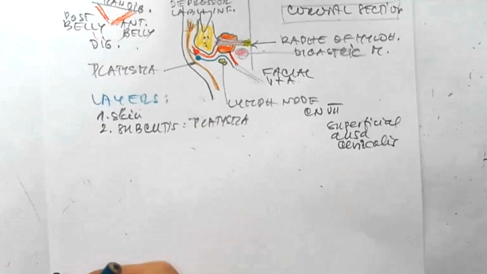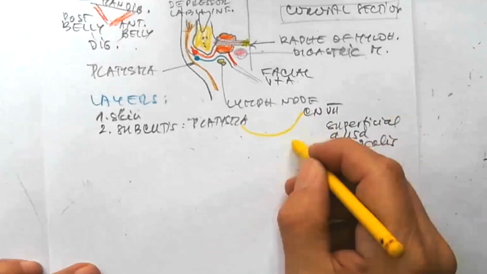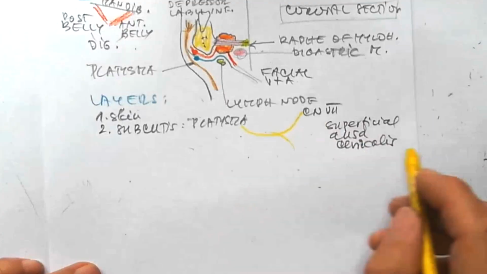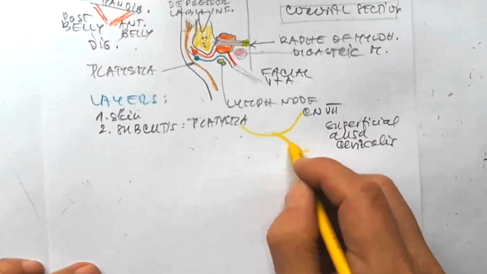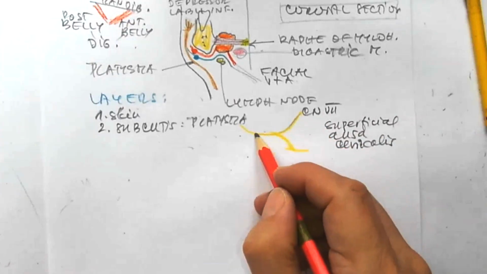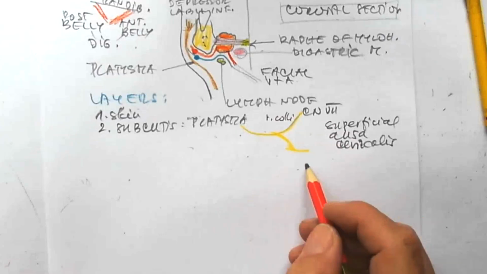The platysma is innervated by a ramus of cranial nerve number 7, connected with the transversus colli. So, increasing contrast, this is nerve number 7. Here is the ramus colli of nerve 7.